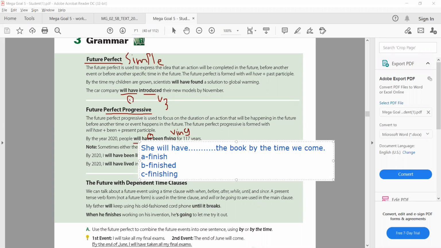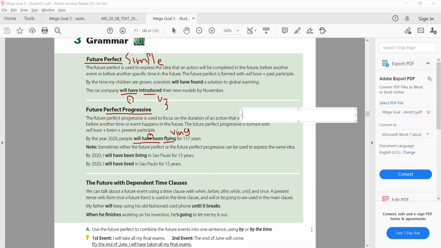Finish or finishing or finished? Yes, very good, Jude and Haneen. What do you think, the rest? So it's going to be, she will have finished. Verb 3 of finish is finished. And here I have to use verb 3. I don't have been, I have nothing. So it's going to be finished.